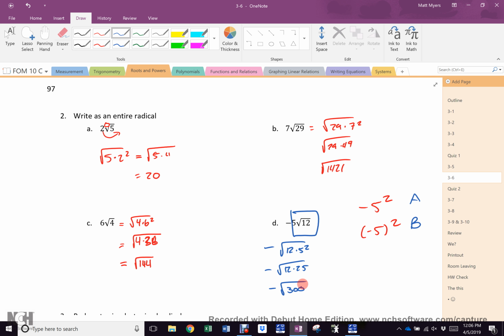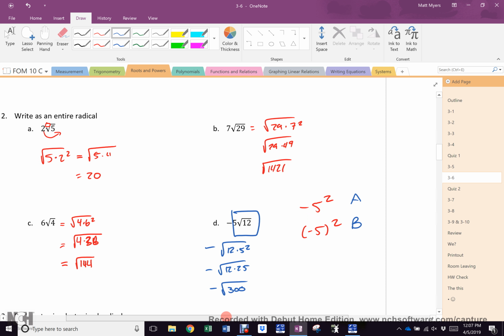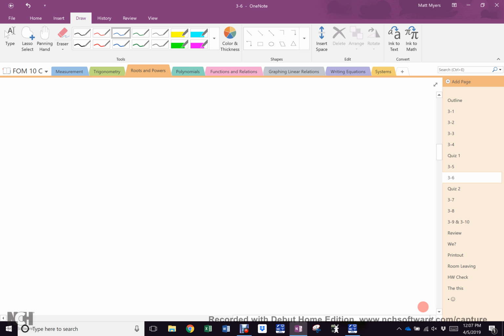Or do you want to see a couple more of these ones? Okay, don't write them down then, just think about it. What if I gave you this? What's different? There's a 3 there. So if there's a 3 there, that means how big a group came out? 3. So how many are going back under there? 3. Notice 3 cubed is back under there.